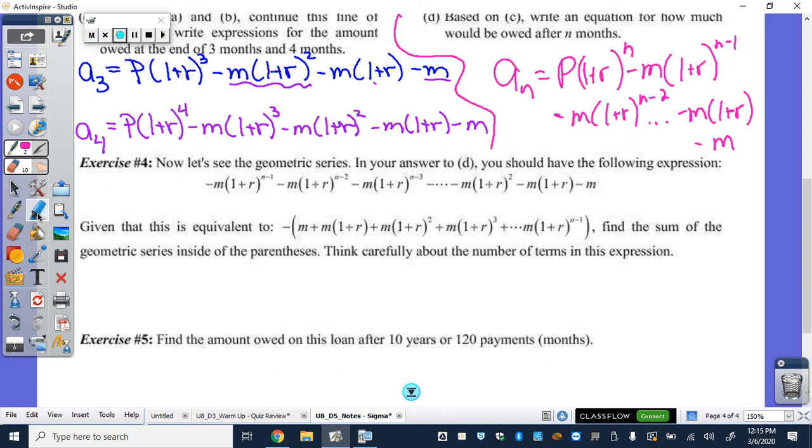So this right here is what I just wrote up there, only it's a little easier to type and a little neater sometimes than my handwriting. So first month, second month, third month, all the way down until you get to whatever current month that you're actually in. So what I did is I first factored a -1, and then I switched my order.